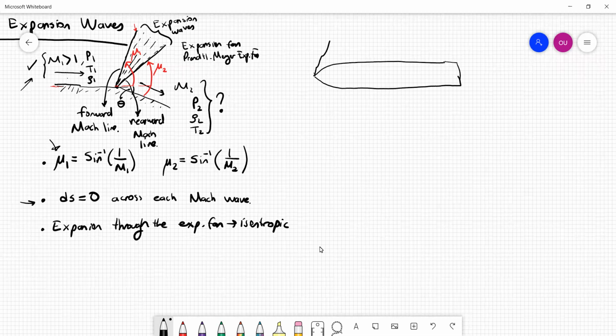It would have, under design conditions, attached oblique shock waves here. And then the flow outside the missile could still be supersonic, so it's supersonic here and could still be supersonic here. Right at this corner, it goes through a sudden geometry change, so at this corner one could expect expansion fans.